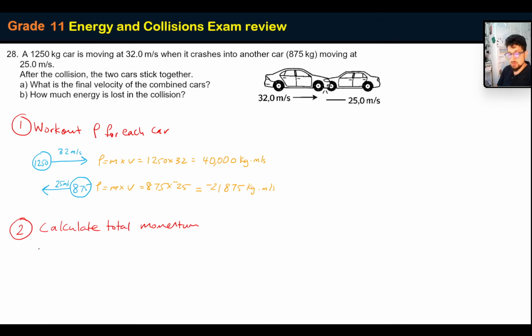Total momentum is going to equal P1 plus P2. So it's going to be 40,000 plus the negative 21,875. You could just go 40,000 minus, but I like to do things the long way so students understand where I got it from. So total momentum is going to equal 18,125.